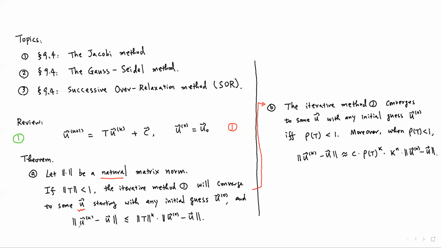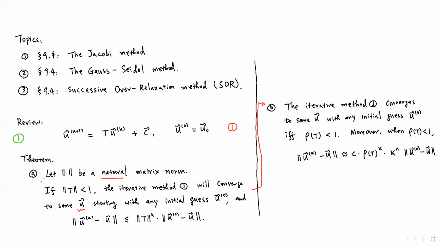And also the error, the distance between the iterate Uk and this U, is less than an upper bound, because the norm of T less than 1 guarantees the error decreases to 0.